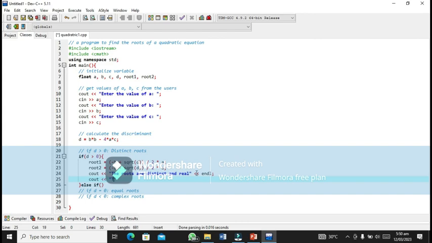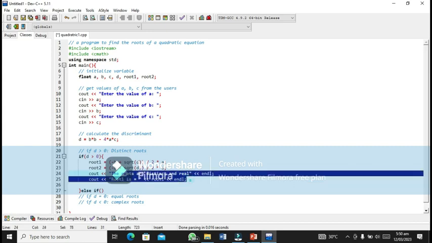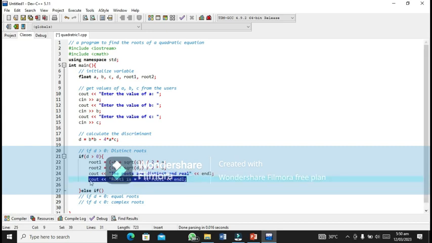We have root 1 is equal to, and I have root 1, and also endl, and we just copy this, Ctrl C and Ctrl V. So root 2 is equal to root 2.